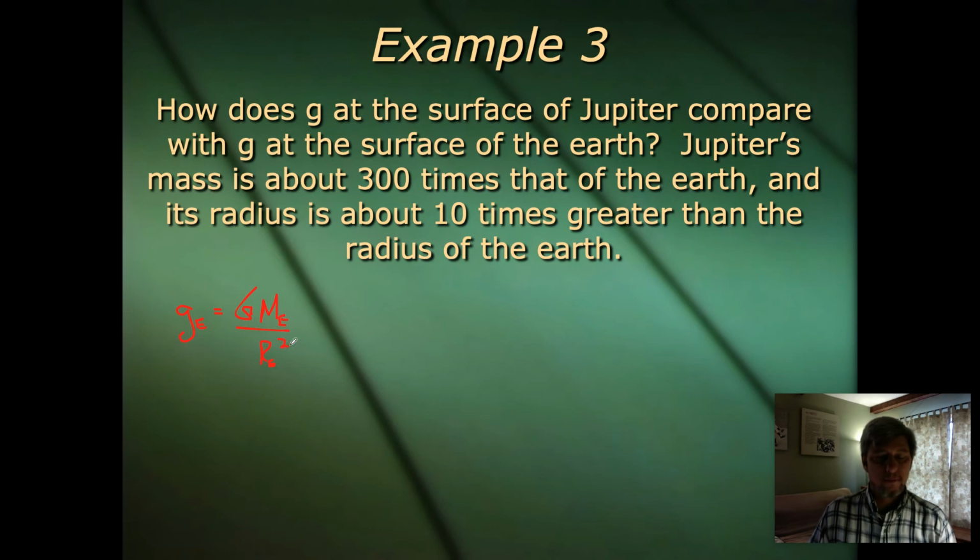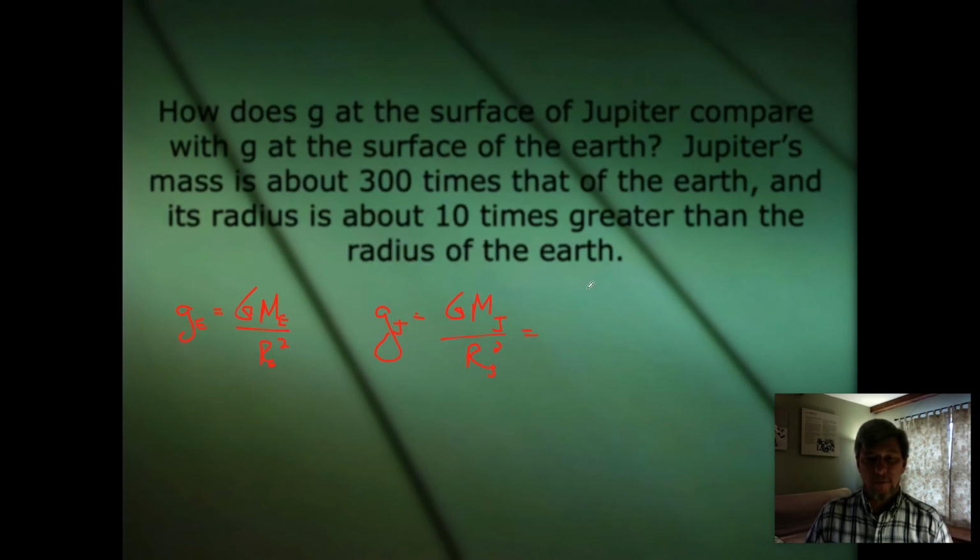squared, and the acceleration of gravity on Jupiter is equal to, again, big G, same number, times the mass of Jupiter divided by the radius of Jupiter squared, then we could say that this is big G times, now watch this.